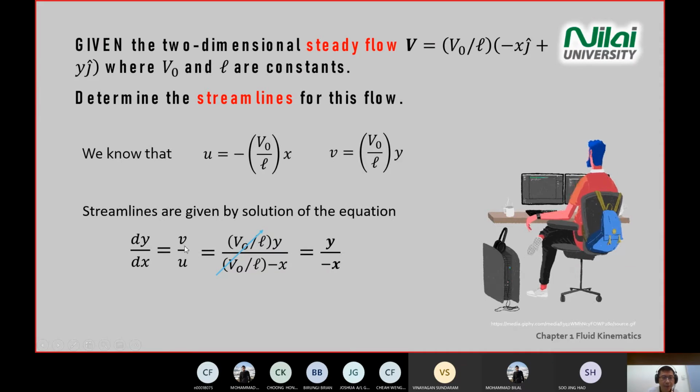And at the end, you can take away the same factor, in this case the v0 divided by L terms. At the end, you arrive at y divided by negative x.